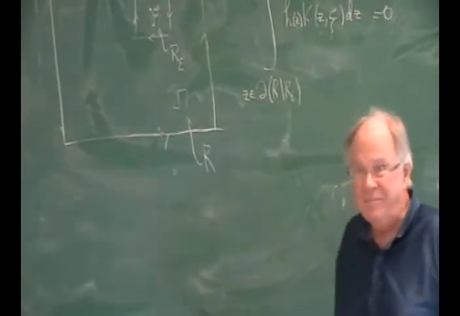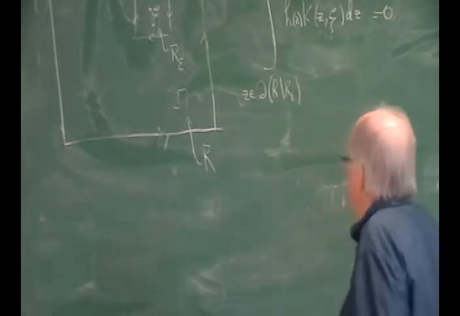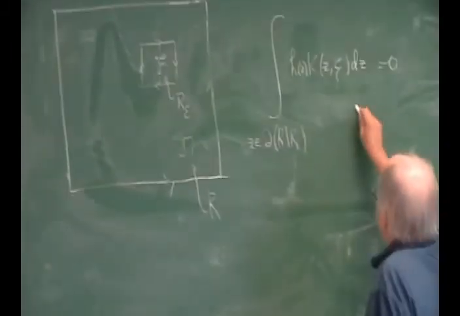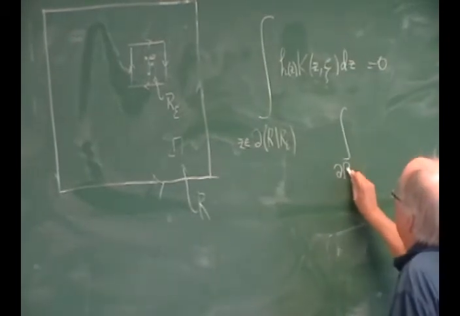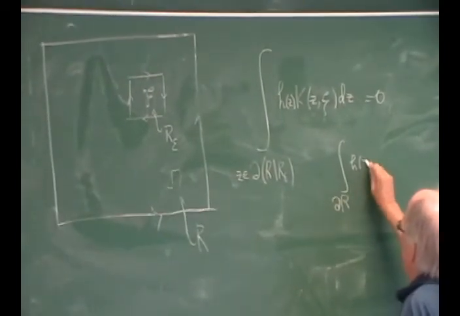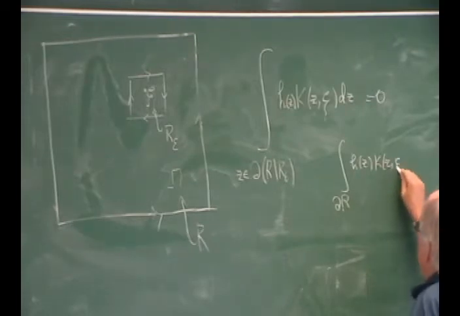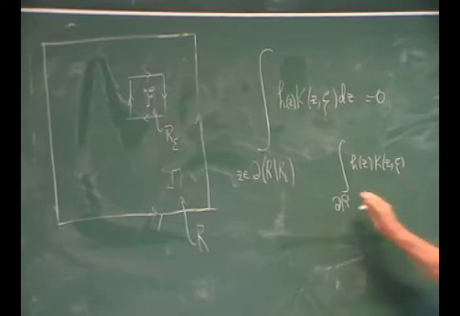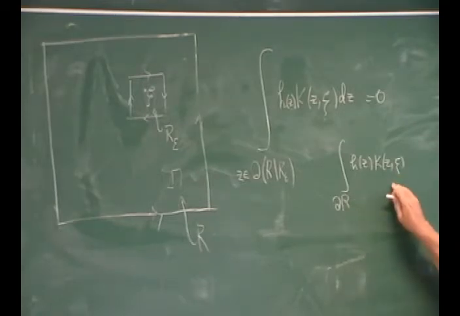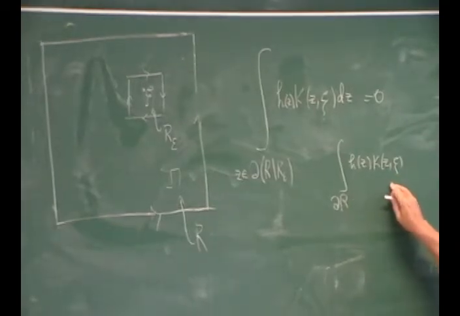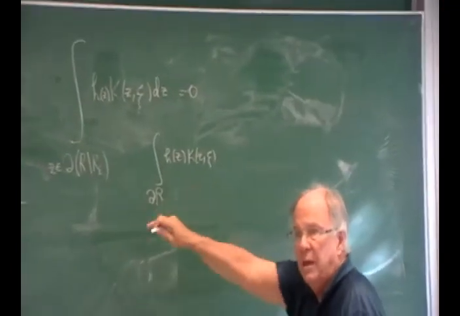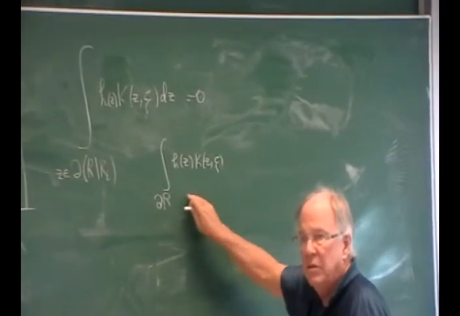And now, that says that the integral around the boundary of R of h of z, Cauchy kernel, the singular kernel, this is an operator. You see, the answer here is a function of zeta. You integrate and you get a function of zeta, right? That means it's an operator from functions to functions.